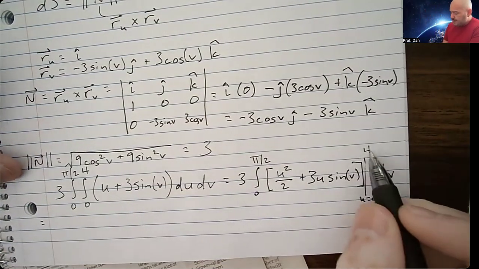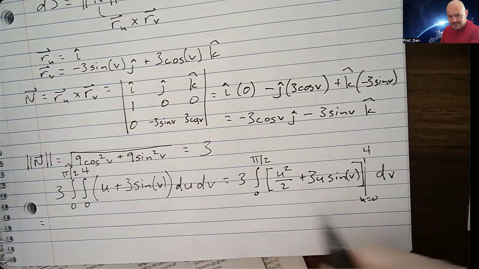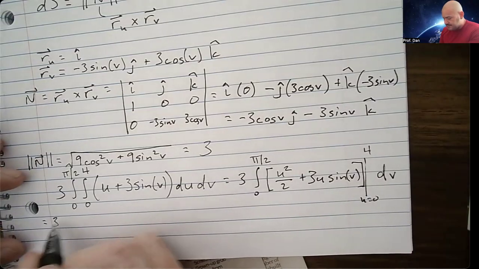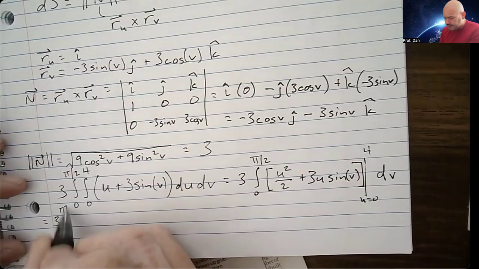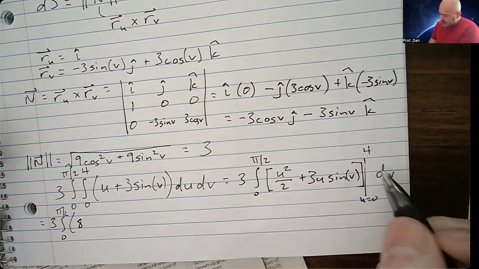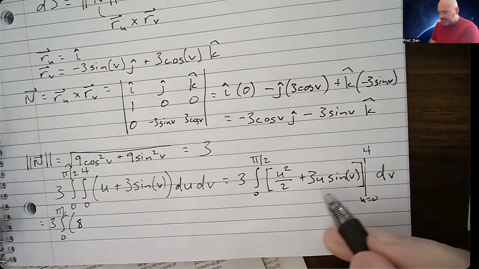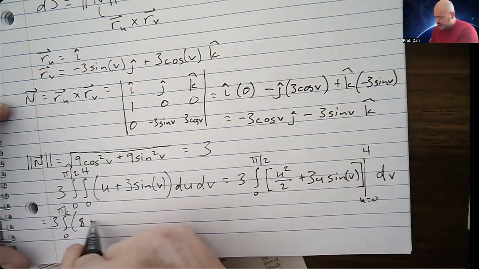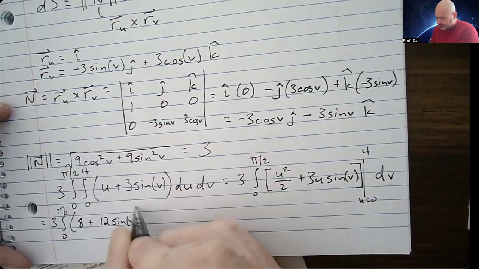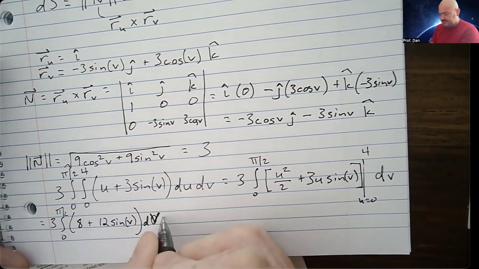So if I plug 4 in for u, I get 16 over 2, that's 8, minus 0 leaves me still with 8. Now for this one, if I plug 4 in for u, I get 12 sine v. If I plug in 0 for u, I get 0. So plus 12 sine v. And we'll integrate that with respect to, not theta, v.